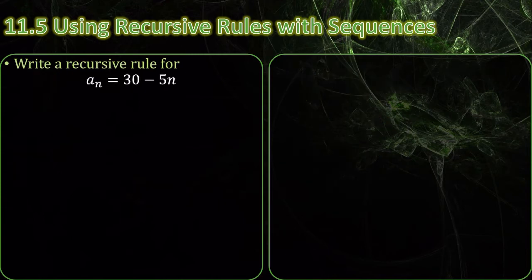All right, let's write a recursive rule for this. Now this is explicit already, right? So we want it recursive. But what type is this? This appears to be linear. That means it is arithmetic.